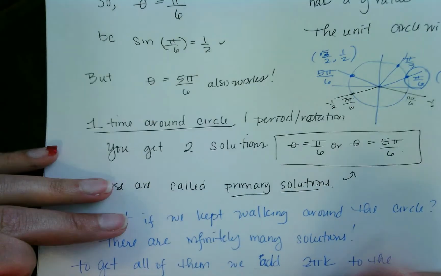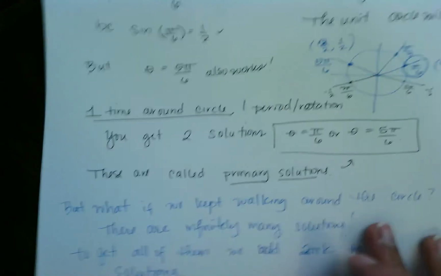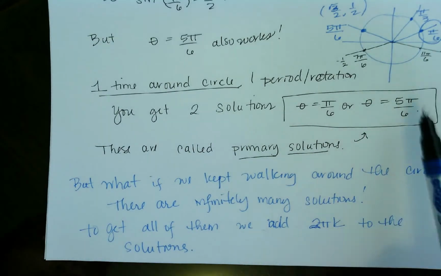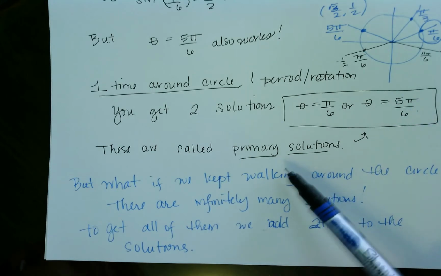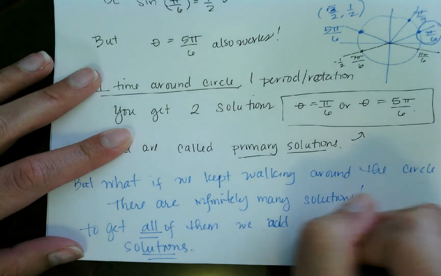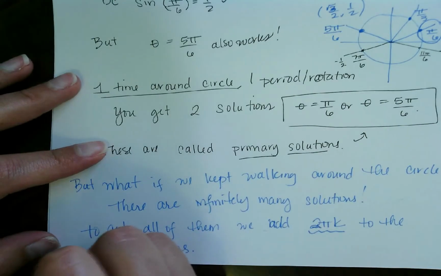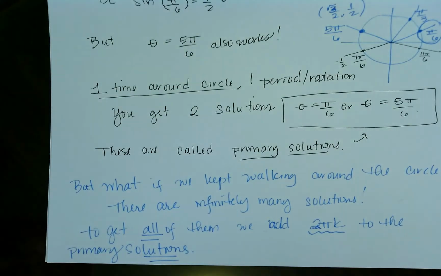So these are our primary solutions. Those are when you go one time around the circle, those are the only two angles that give you sine equal to 1/2. Those are called your primary solutions. But if we want all the solutions, we add 2 pi k to the primary solutions. And I'm going to show you why. I'm going to show you what that means. So depending on the directions, you could either just give those two, or if it says find all solutions, you could write it like this.